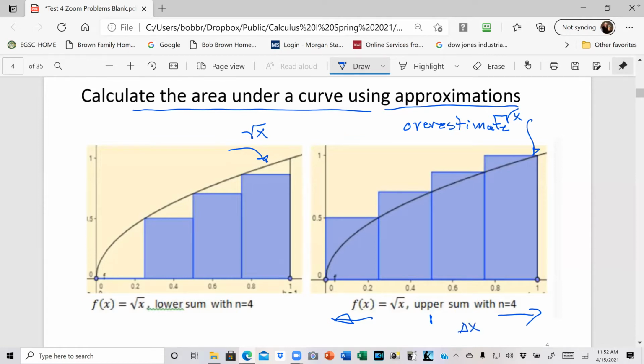Now, the length of the entire interval is 1, so the delta x, the width of the rectangle, will be 1/4. So each of these rectangles is going to have a width of 1/4. And then you want to create a rectangle, and for the last rectangle, the height is what will make the curve be completely underneath the rectangle.